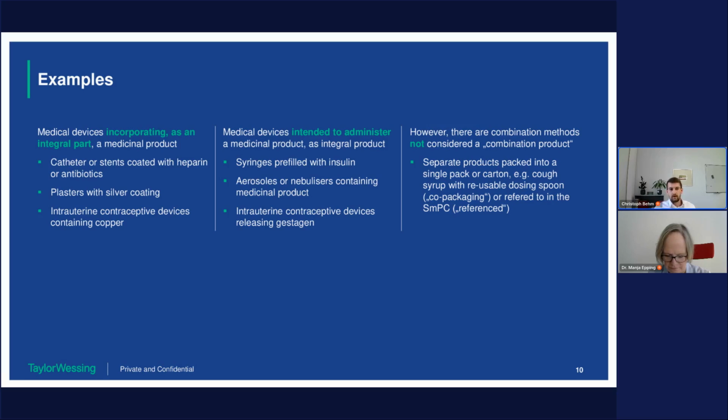As also already mentioned, for these products there are EMA guidelines, and for these products, the regular provisions of the MDR apply. So these products must bear a CE labeling for the medical device, and the medicinal product part is subject to an authorization procedure.